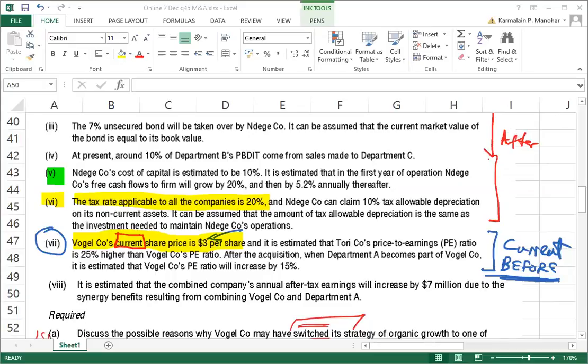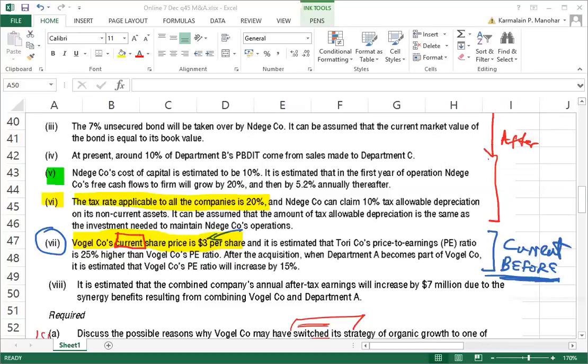We were told that 7 million, somebody called it synergy. Who was saying that up here in the chat? Let me scroll up. That was Amara calling it synergy, from note 8.